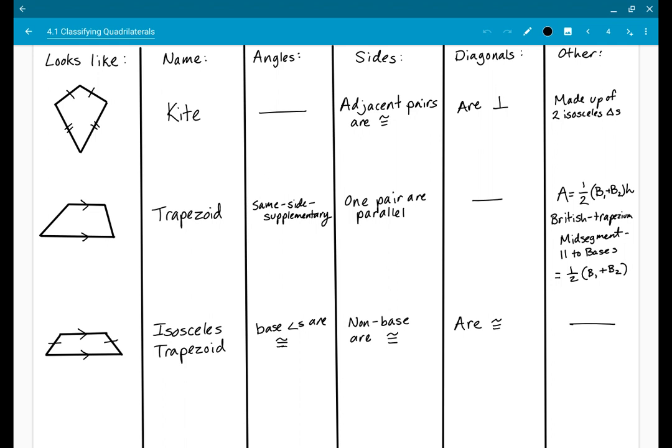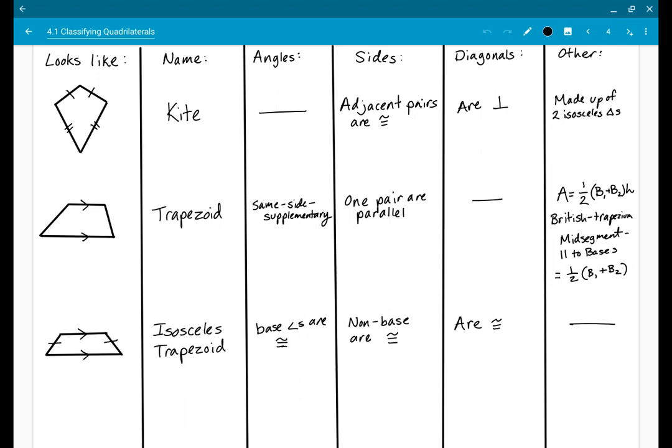Trapezoids have some interesting properties when we start talking about the midsegments, and we'll get into that a little more in class. Fun fact, if you are in England, they will not call it a trapezoid, they will call it a trapezium. So if you're looking for things on the internet and you see trapezium, they're talking about trapezoids.